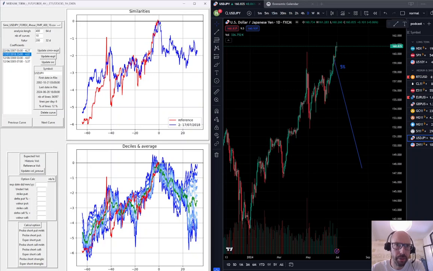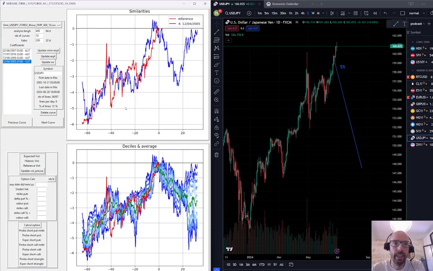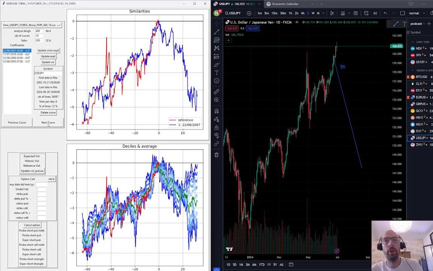Here is an exception with a 2% down movement and then stabilization, but the others have a lot of volatility and go down directly with a topping formation here, and here too a down movement and then down up to down minus 4%. Okay, so I think the correction is close to us, and it would be down to the 150 level, something like that.